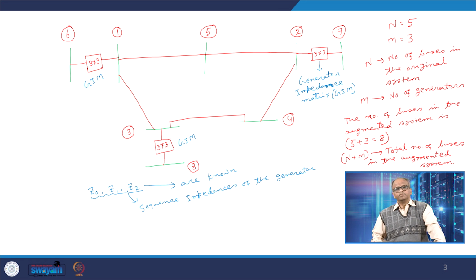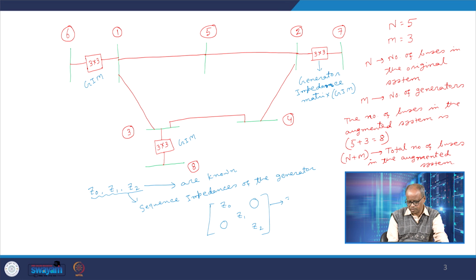If we put these sequence impedances in a matrix, these three values would be put into the diagonal. So, for example, if I now create a matrix Z0, Z1, Z2, with the off-diagonal entries 0, this is a 3 cross 3 diagonal matrix.